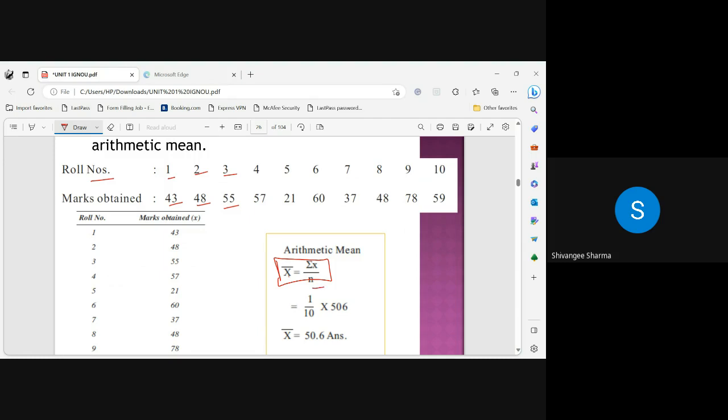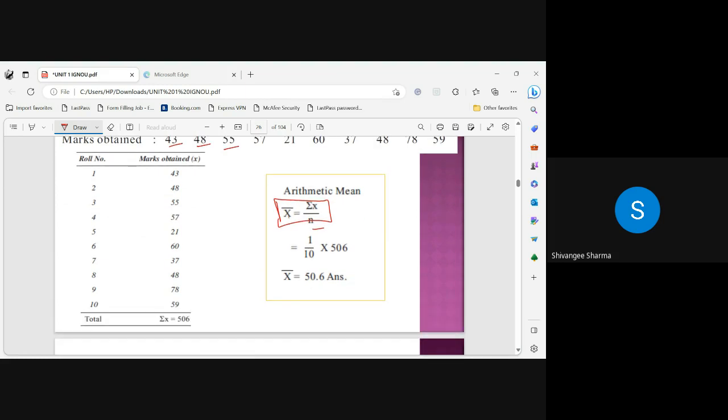Then what you do, you just add all these values: 43, 48, 55, 57, 21, 60, 37, 48, 78, 59. Then you get 506 and you divide it by 10. Then the answer will come, average is equal to 50.6, right?